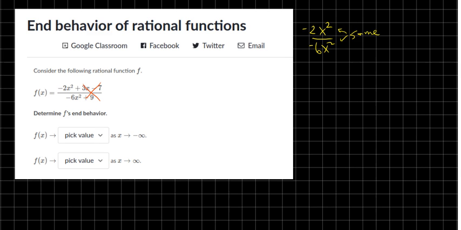So what's going to happen is we're going to cancel these out as we get higher and higher, and we end up approaching negative 2 over negative 6, which is 1/3.